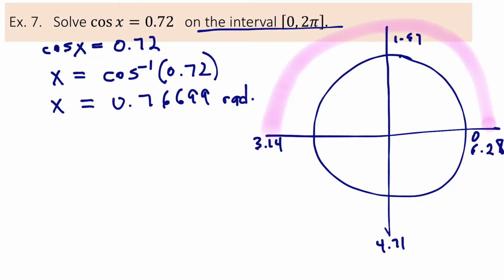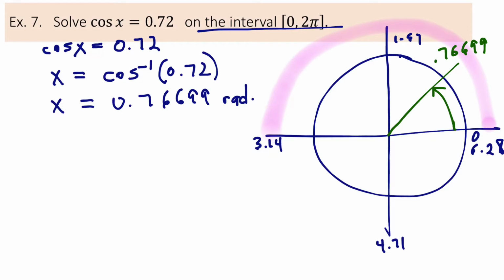So if I've got an angle x is equal to 0.76699 radians, that's in quadrant 1. So let's just draw this angle here. This is your 0.76699 angle from here to here in radians.